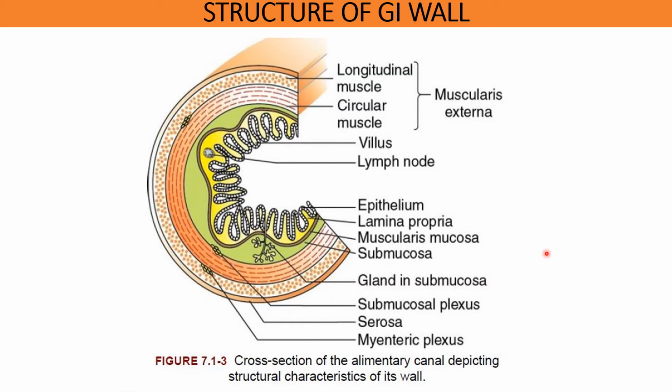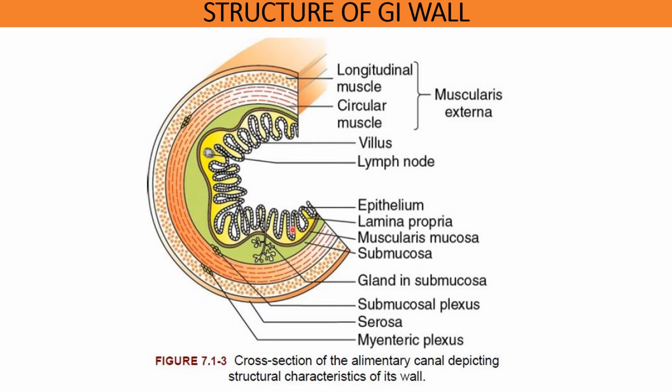Here you can see a cross section of the alimentary canal which depicts the various structures of the gastrointestinal wall. The innermost layer, as I have mentioned, is the mucosal layer or the mucosa. The mucosa contains the first layer, the epithelial lining. This yellow structure which you can see is the second layer, made up of connective tissue known as the lamina propria, and the third layer of the mucosa is the muscularis mucosa.